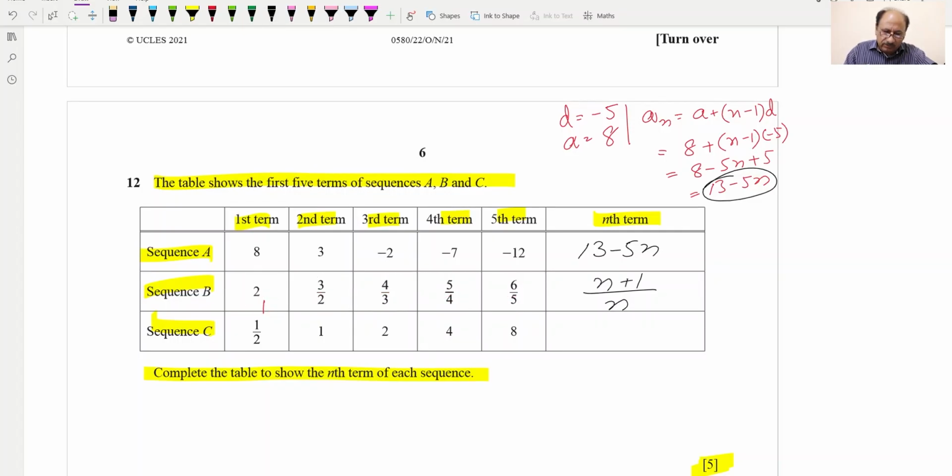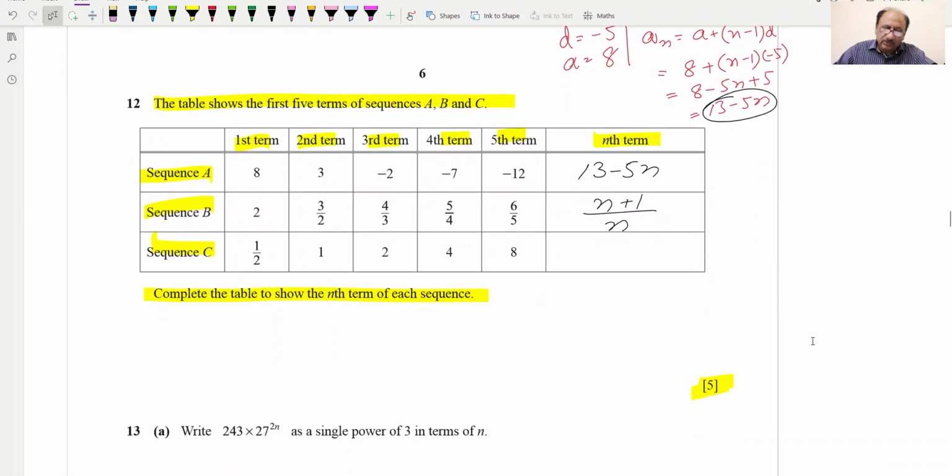Now for the last sequence, C, this will be a little tricky, but if you see 1 by 2, we can write 1 by 2 into 2 raised to the power n minus 1. If we write n equal to 1 for the first term, the power will be 0 and the answer will be 1 by 2.